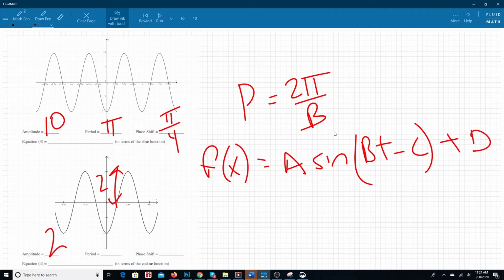In this case, our amplitude is 2. The b value is not the period. The period is in the form of 2 pi over b.